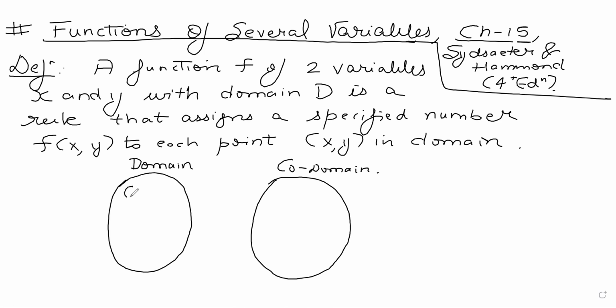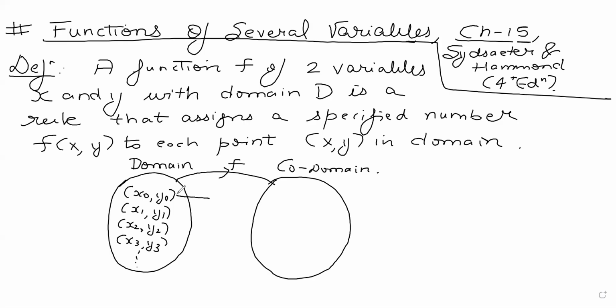So now students, how will our domain look? Our domain is going to be like this: (x0, y0), an ordered pair, (x1, y1), (x2, y2), (x3, y3), and so on. And now my function is f.